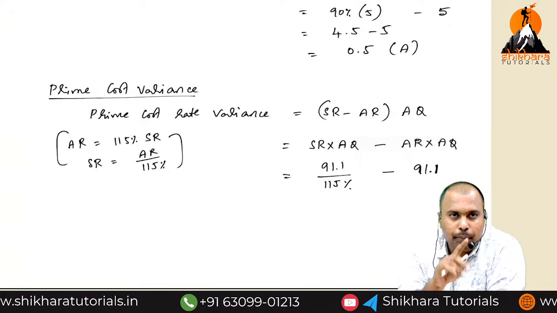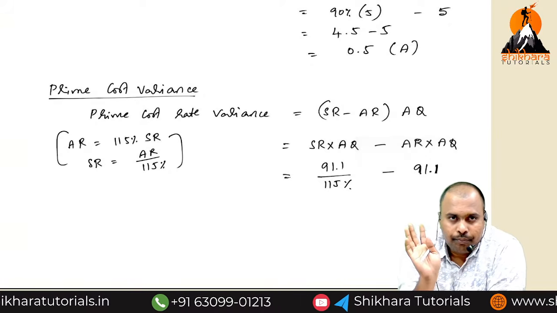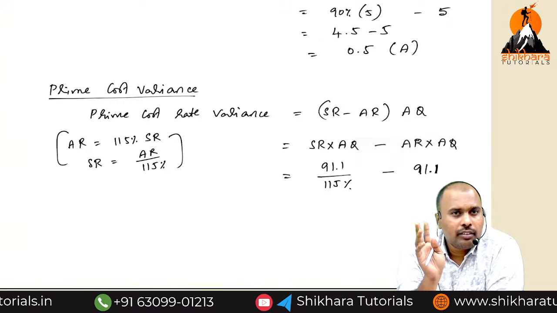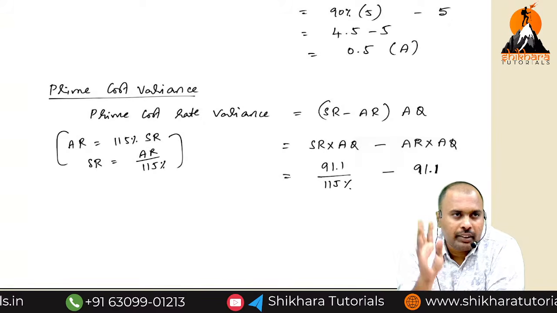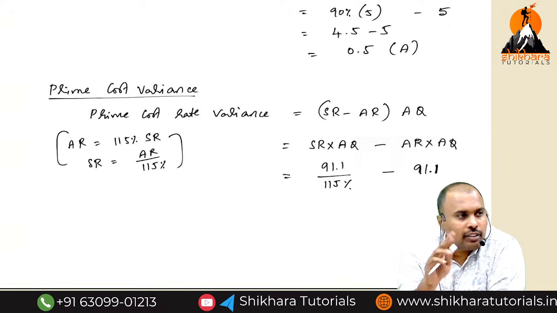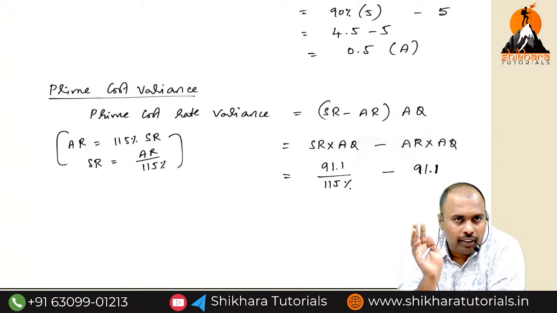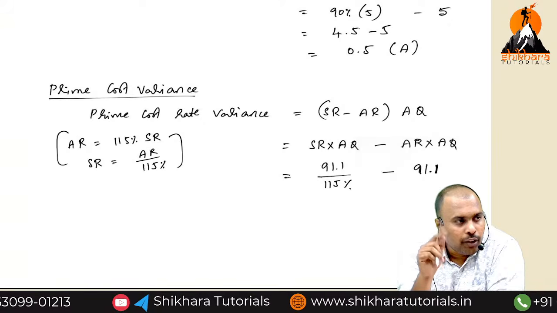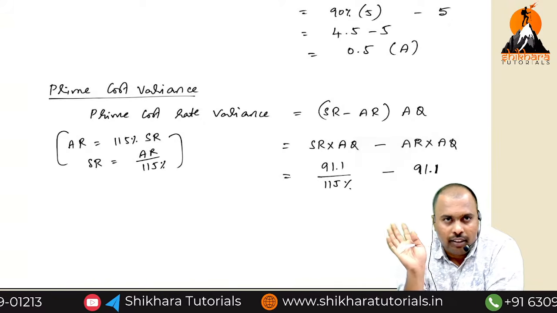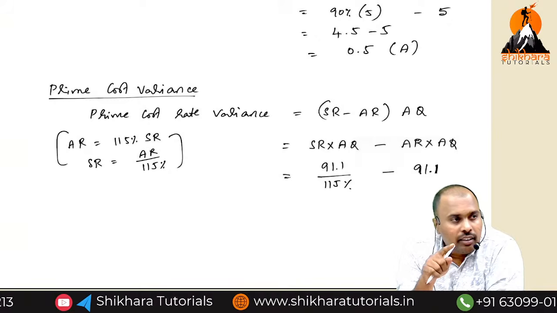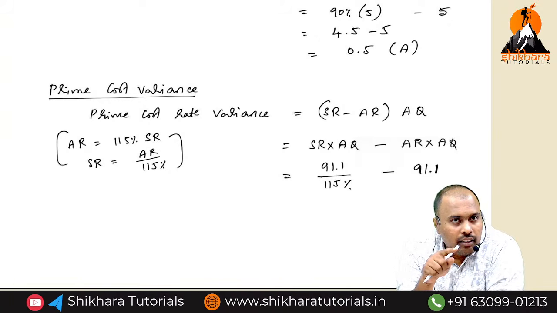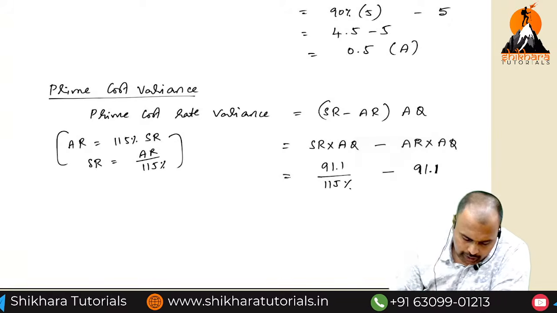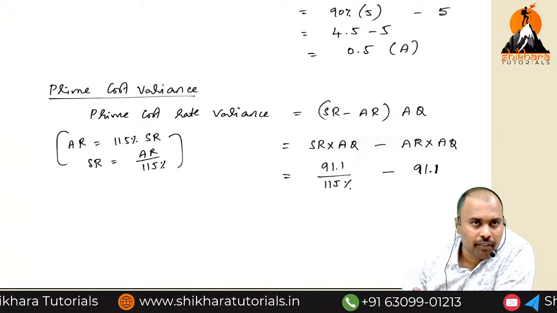Sir, simple. Standard rate into AQ. AQ means for actual quantity. Standard rate means, if the rate is not changing, how much is the rate? I didn't have the rate, but AQ into AR I am having. AQ into AR is 91.1. And AR is 15% more than SR. That's nothing but SR should be equal to AR by 115%.